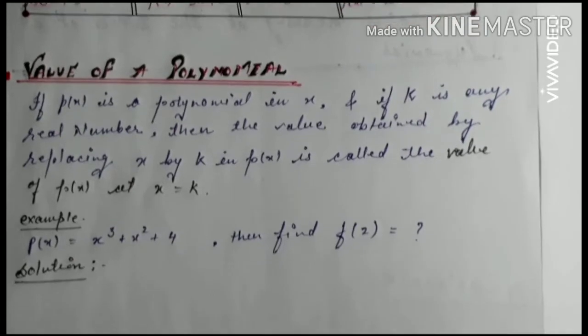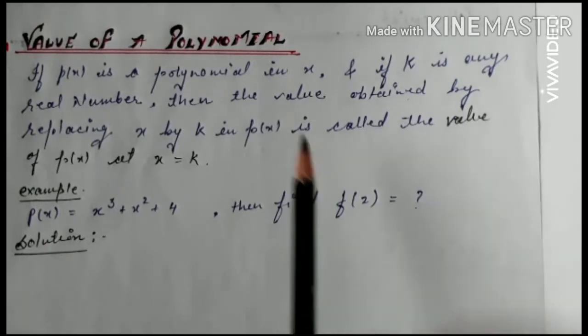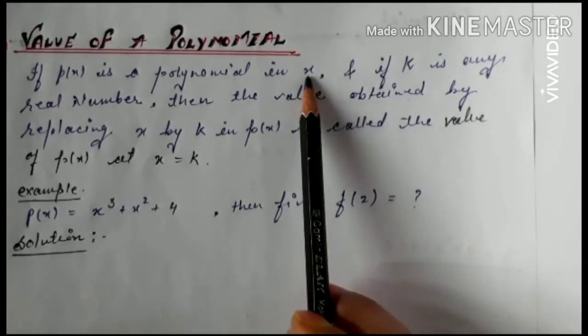So, what is the value of a polynomial? Suppose p(x) is a polynomial in the variable x. It can also be in any other variable, such as y or t, whatever is given.